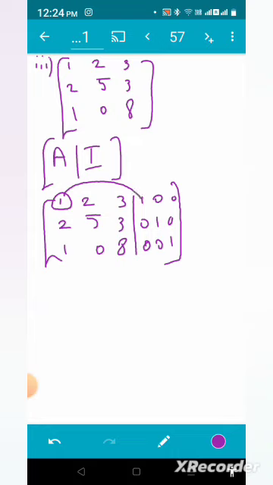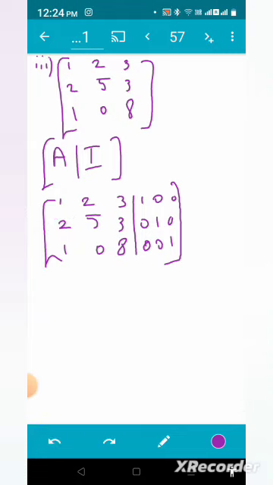For this 1, I convert the others in this column into 0, because this is converted into the identity matrix. So the first row stays as it is, but the second and third are converted into 0 because we get the identity here. So only the second row and third row change.